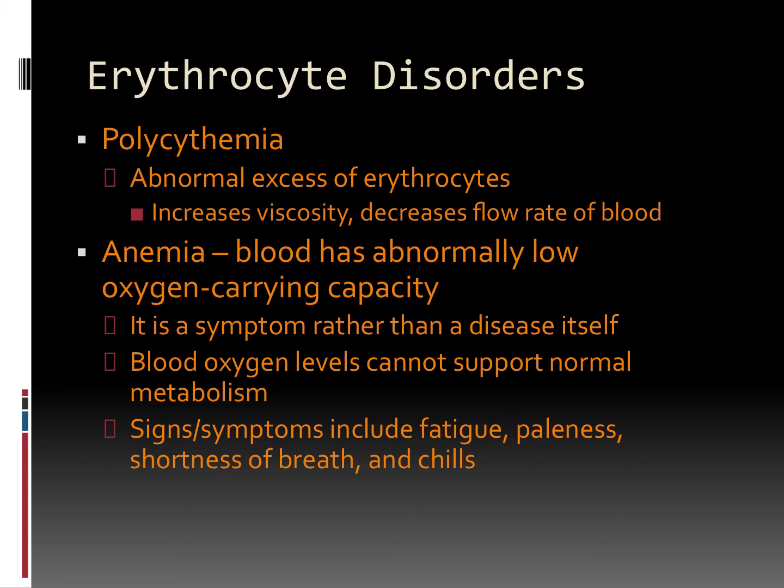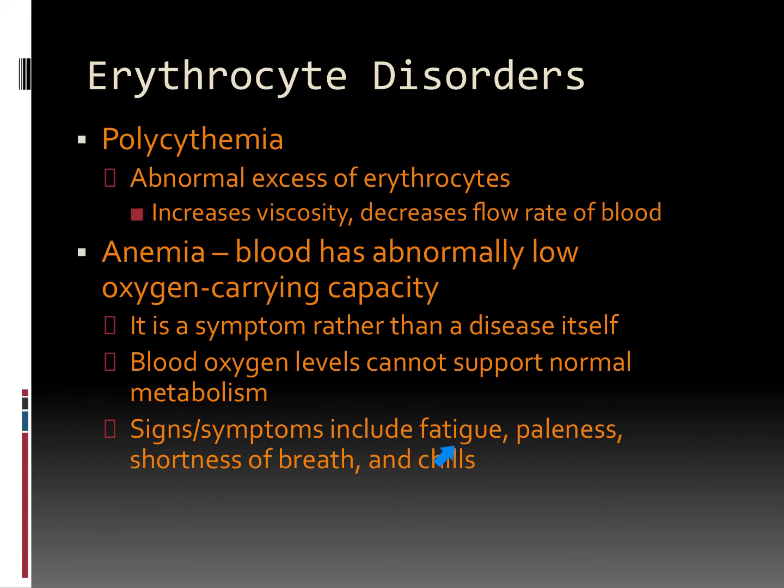Because there's not enough oxygen carrying capacity, there's not enough hemoglobin, you can't support normal metabolism because you need oxygen to break down sugars, to make ATP, to power your cells.